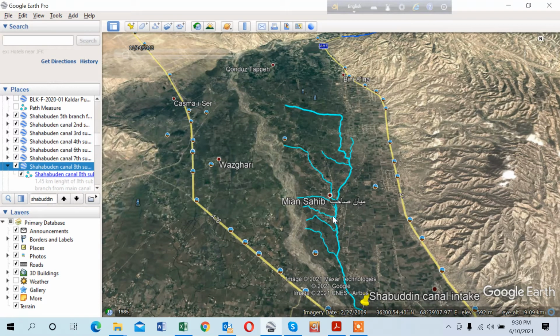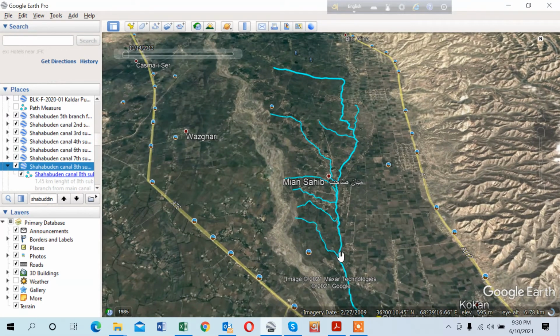To distribute water through the branch channels, there will be some problem. The main water will be flowing through the main canal, and then it will be distributed to the branch channels. So you need some control devices in this area. These control devices will control the flow of water. This is called off-take structures, or you can say a control structure.